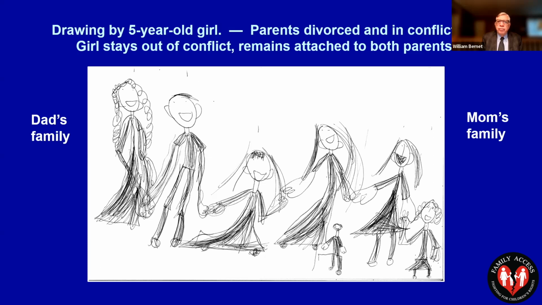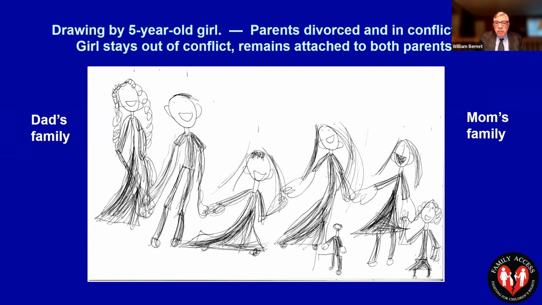And this is a healthy way to do it. The little girl's in the middle, and her dad's family is on one side, and her mom's family is on the other side, and they're smiling, and everybody's holding hands. And this is a very adaptive and a healthy way for this little girl to convey her relationship to both her mom and her dad.